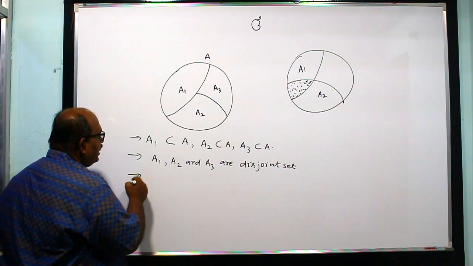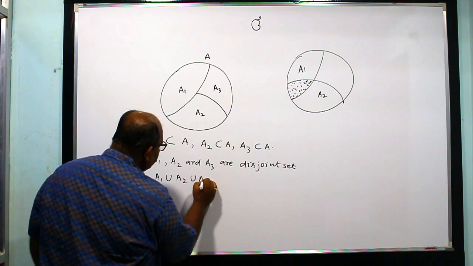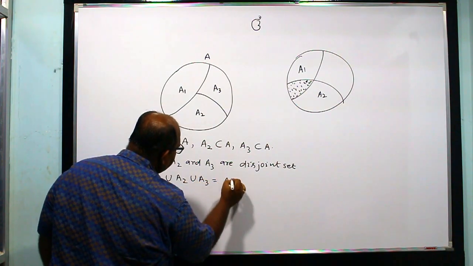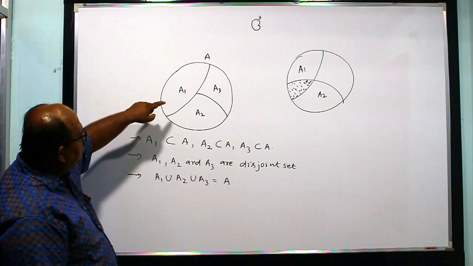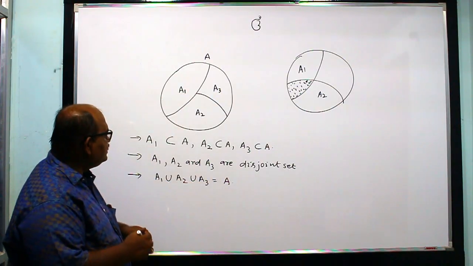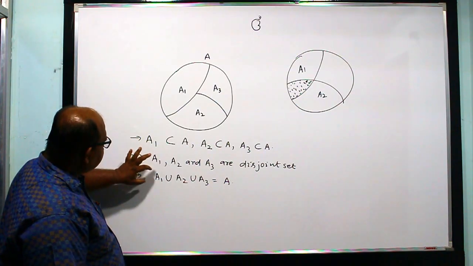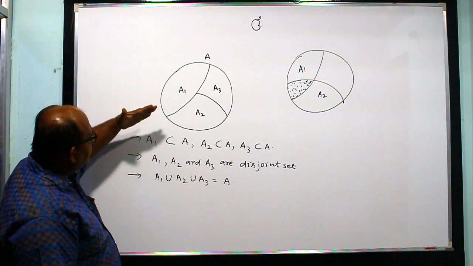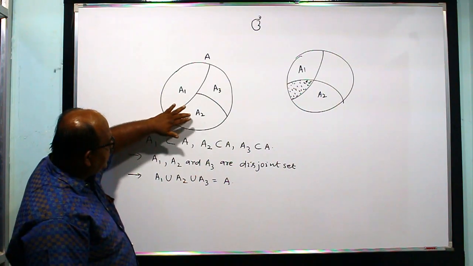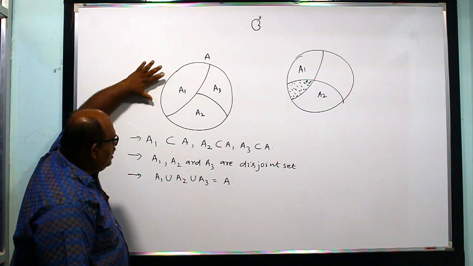Another characteristic, look: A1 union A2 union A3 is equal to set A. If we make the union of A1, A2 and A3, then we get set A. So when these 3 conditions are satisfied, we can say that A1, A2 and A3 are partitions of set A. What are the conditions?